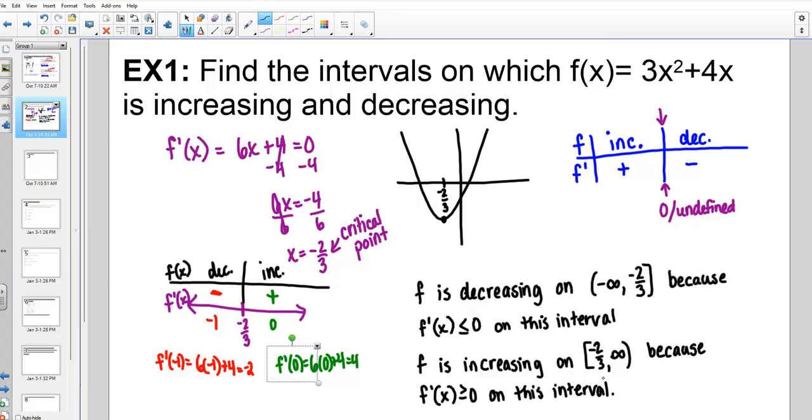I find it weird that f can be increasing and decreasing at negative 2/3. That seems impossible, right? But by the definition that you're looking at, it can happen.